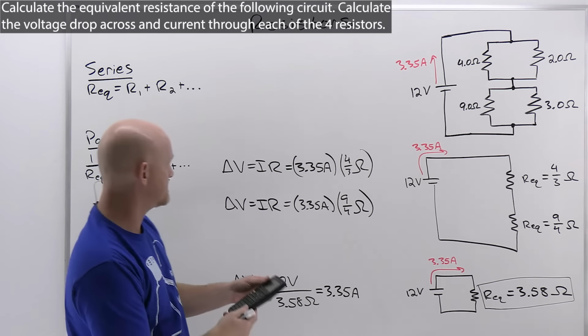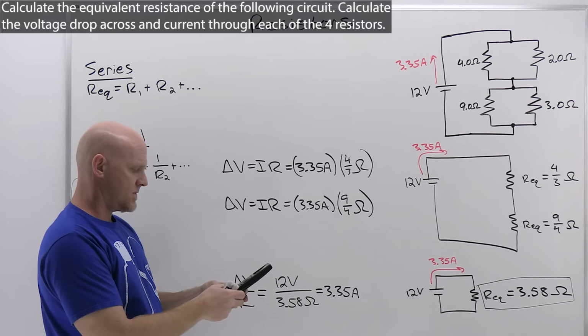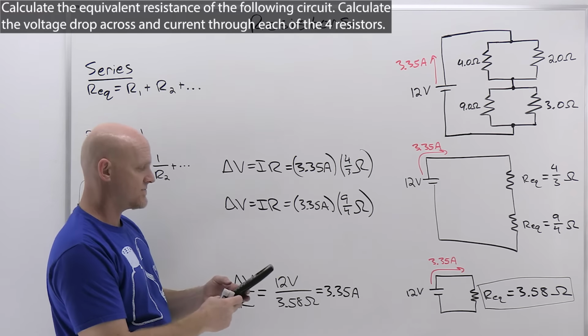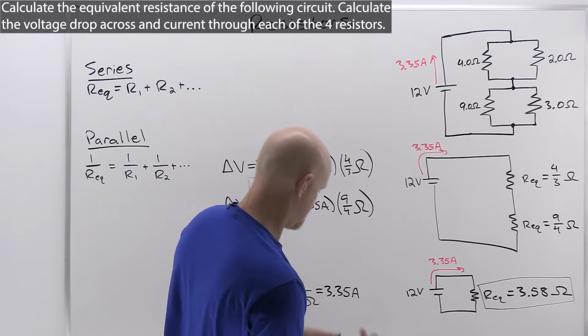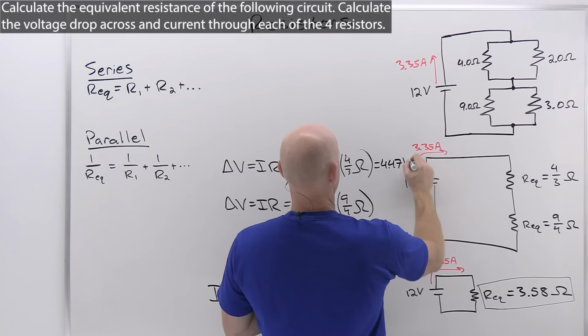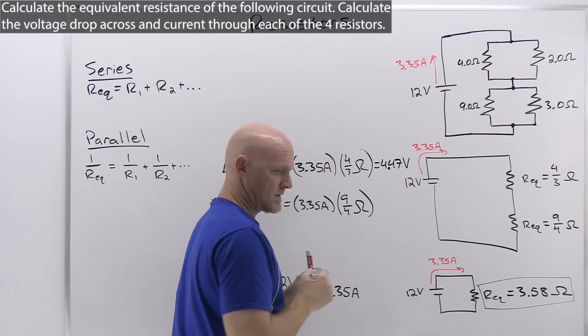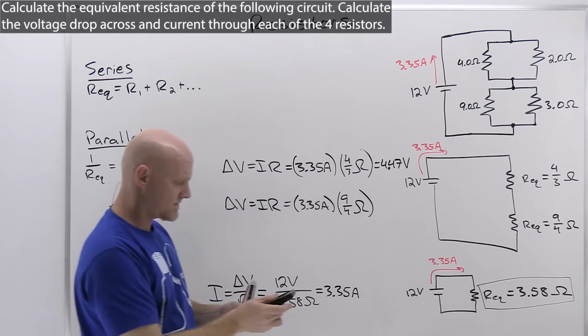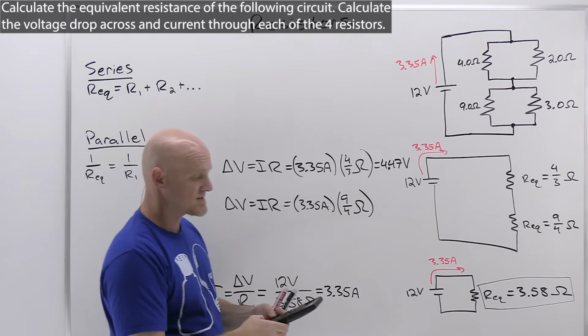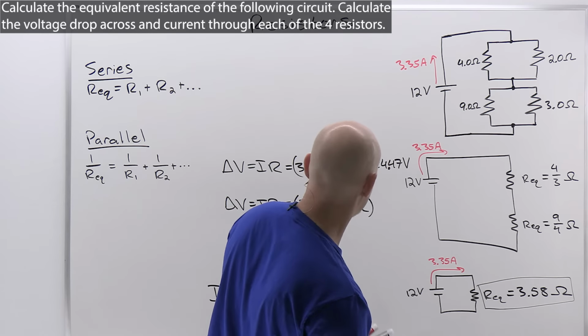Let's see what these work out to be. So 3.35 times 4 over 3 gets us 4.47 volts. And then times 9/4, so 3.35 times 9 over 4 gets us 7.54.